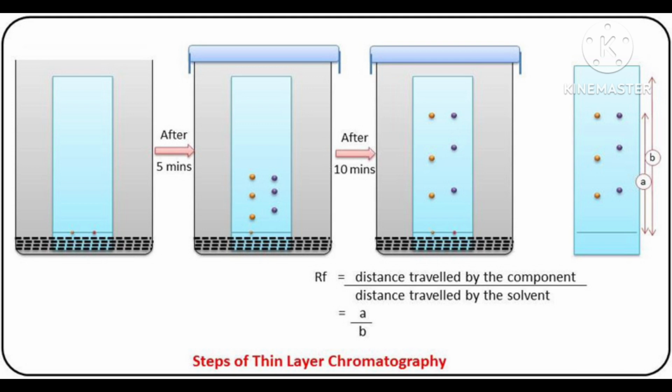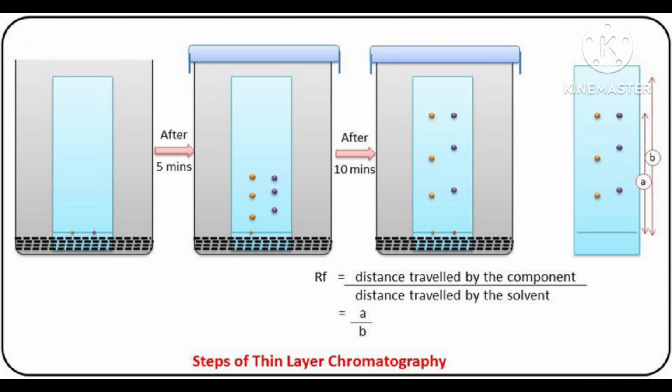If you want to see very clearly, you can see them in the presence of some special solvent. The spots of colored components are visible on the TLC plate due to their original color. This is one way you can see simply.